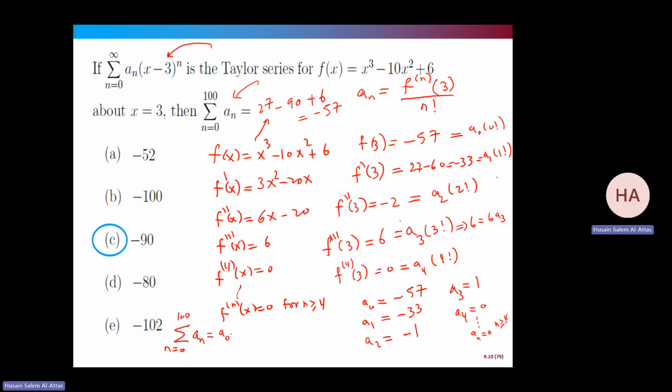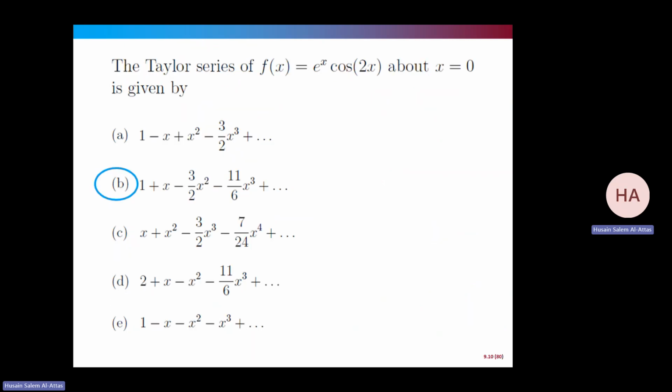That will be A0 plus A1 plus A2 plus A3 plus 0, because the rest is 0. So it is 57 minus 33 minus 1 plus 1. So this is cancelled, and this gives me minus 90, and that would be the answer. That's a matter of calculation, nothing is complicated there.